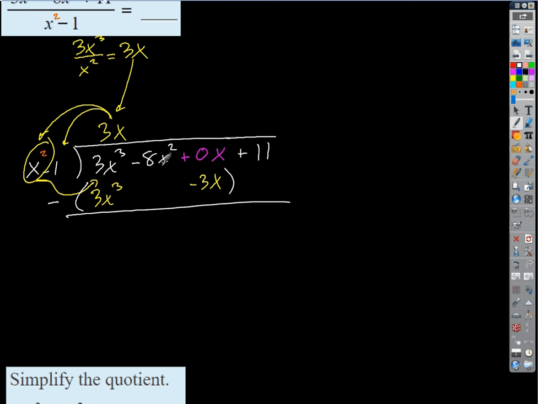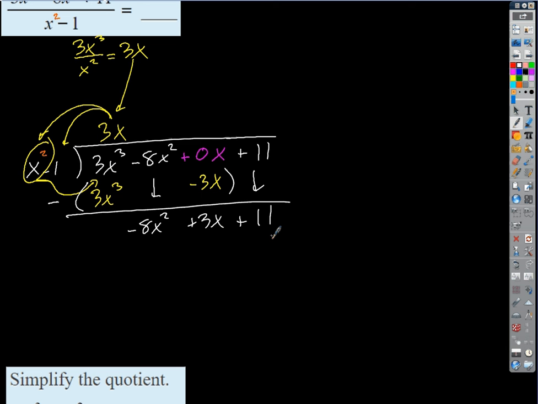Negative 8x squared minus 0 means what? I'm just going to bring that down, aren't I? Negative 8x squared, right? 0 minus negative 3x is what? Positive 3x. And then I'll bring down the 11.